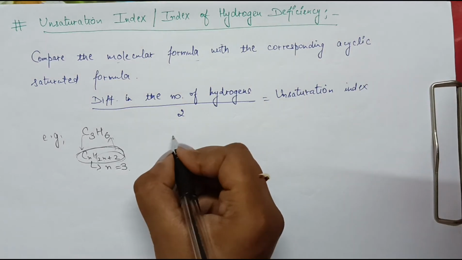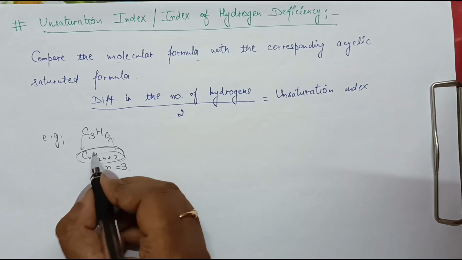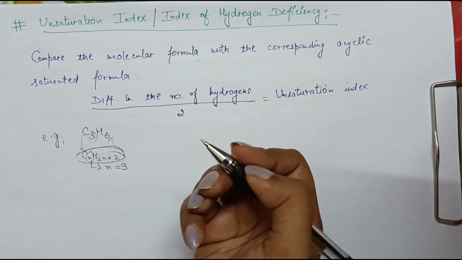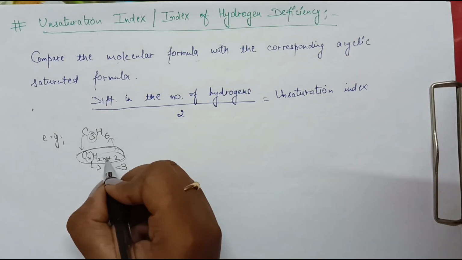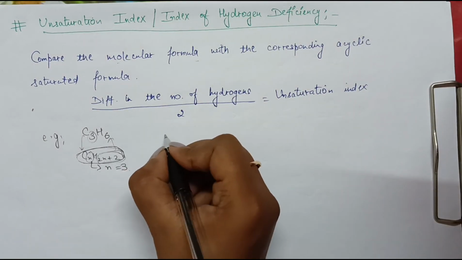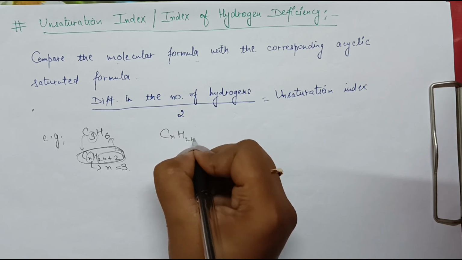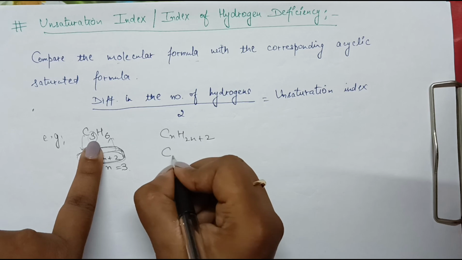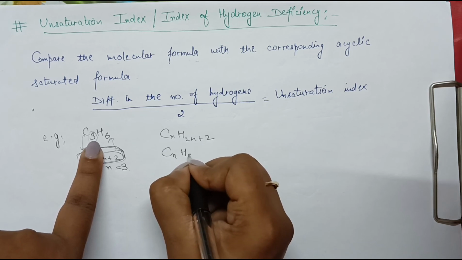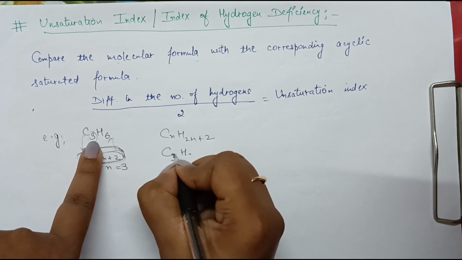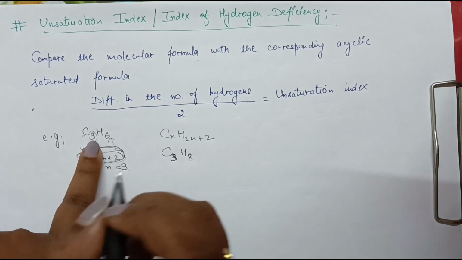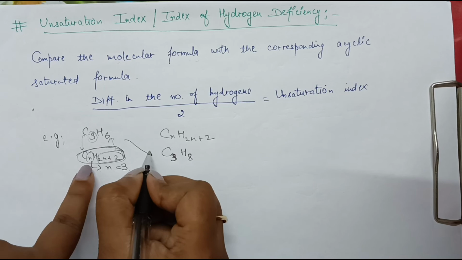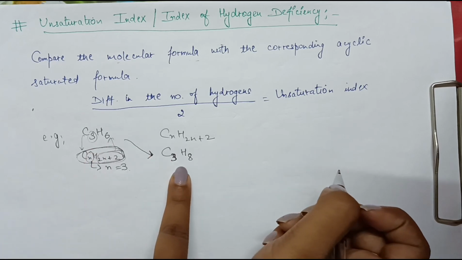So if we have CnH2n+2 and n equals 3, you will get C3H8. So for C3H6, the corresponding acyclic saturated formula is C3H8.